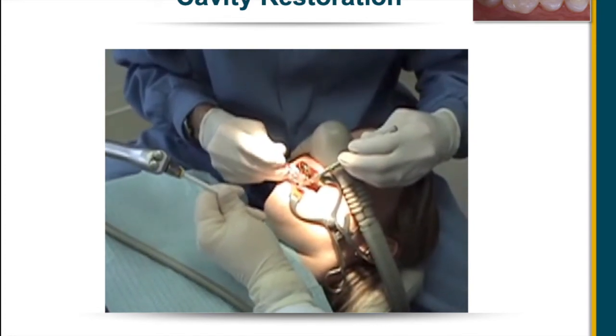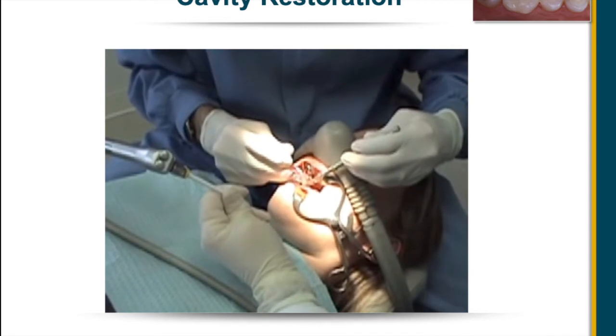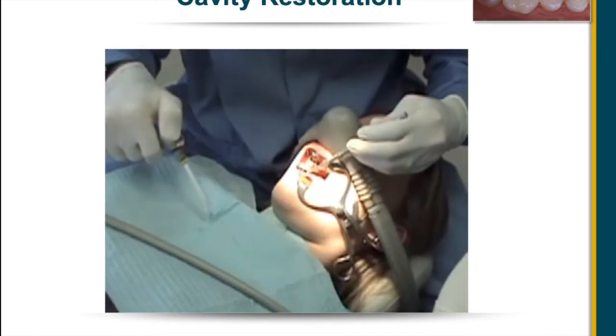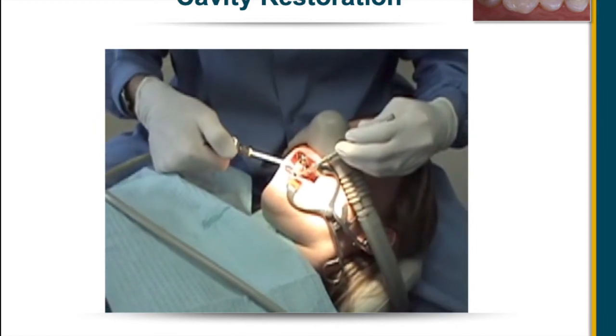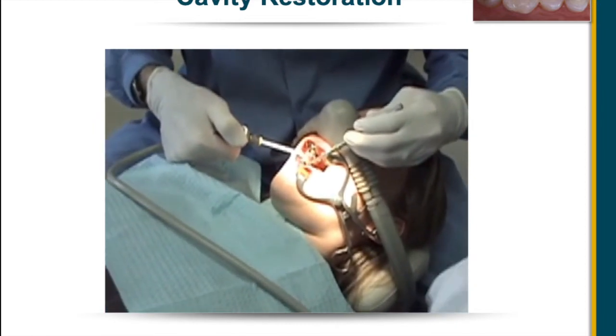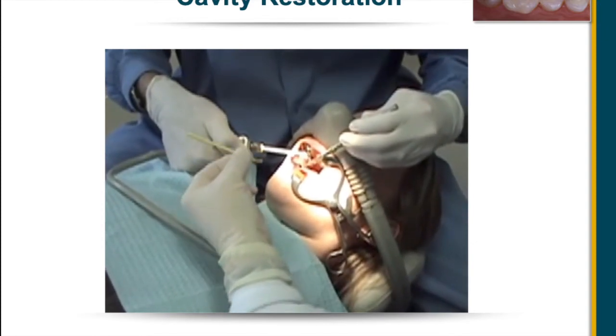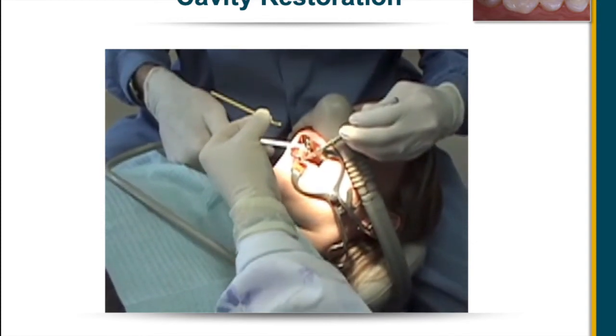Here the doctor is placing the priming agent. There are many different products used to bond the filling to the tooth. We're not going to cover all of them here. There are just too many to cover. You will get used to the one that your doctor likes and trusts very quickly. They are all very similar in their application.